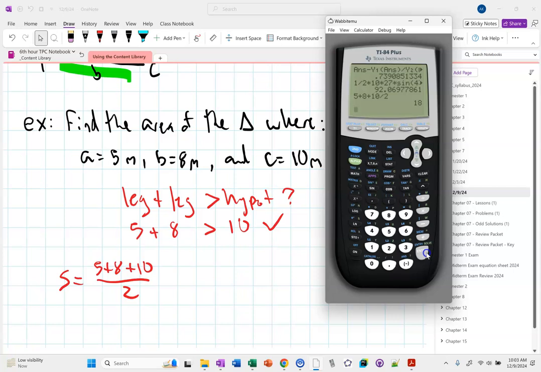Does that make any sense to you? No. What is my mistake? Is the calculator broken? The dividing is only being attached to the 10 as it's currently written. How should I write this? I either need a parenthesis around the 5 plus 8 plus 10, or I need to use that horizontal fraction bar.